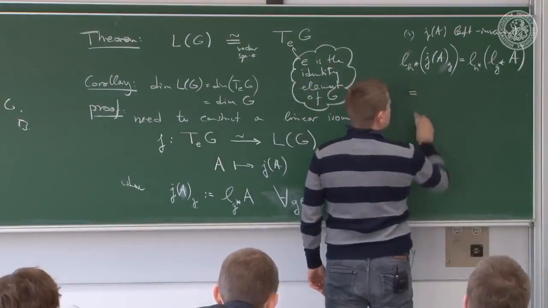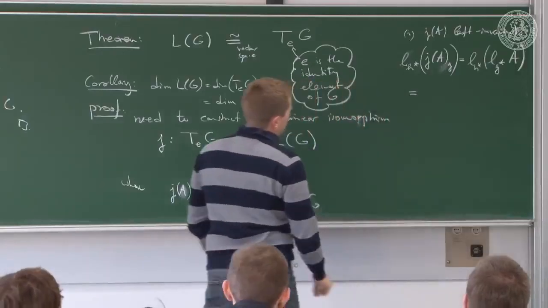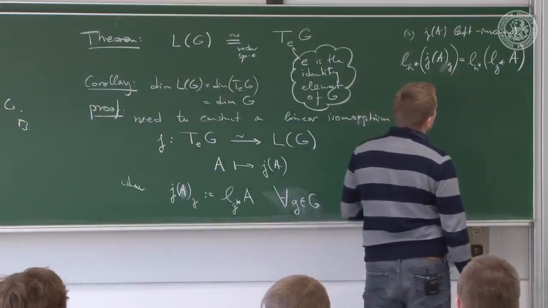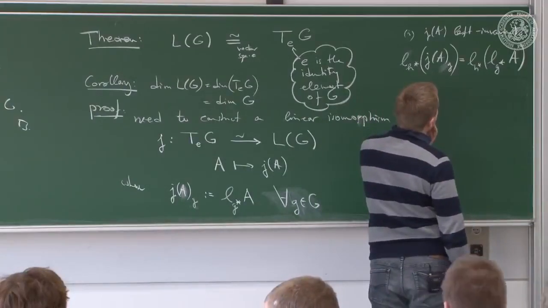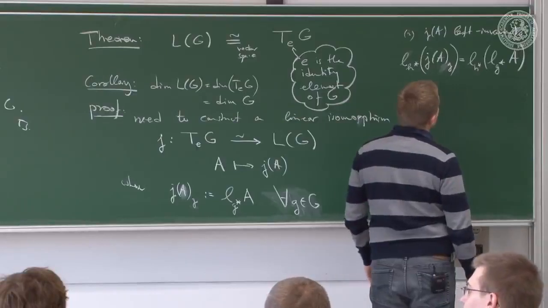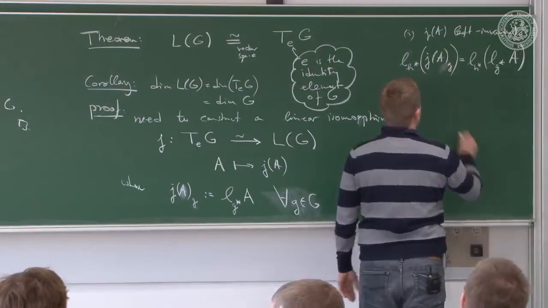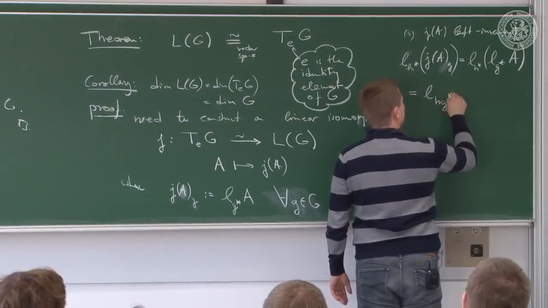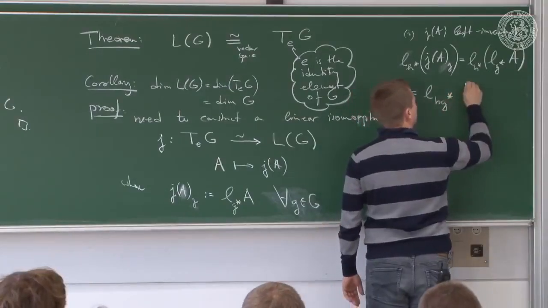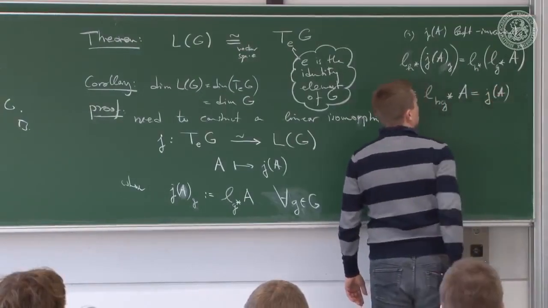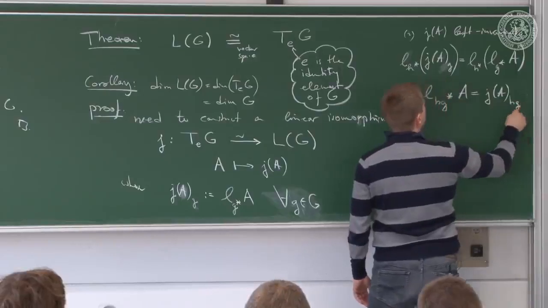Now this equals, and that I will show in a second separately, the push forward of L_HG push forward, applied to A, and that's of course J of A at position HG.